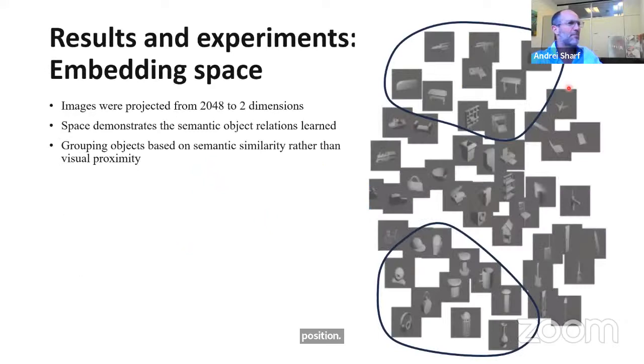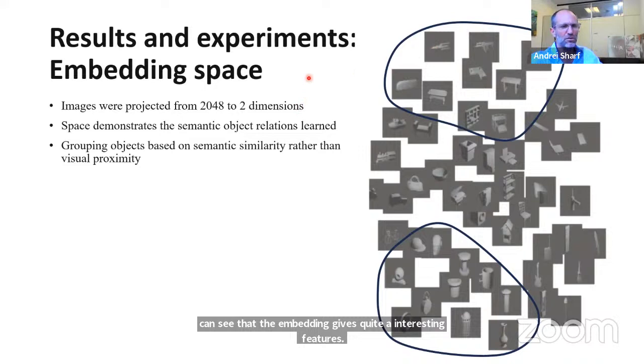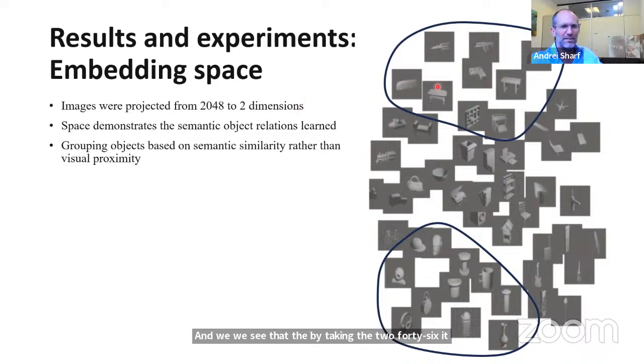And then we can see that the embeddings give quite interesting features. By taking the 2048 dimension space to a visualization of 2 dimensions, we can see that shapes are grouped semantically, not by shape similarity, but rather by features.